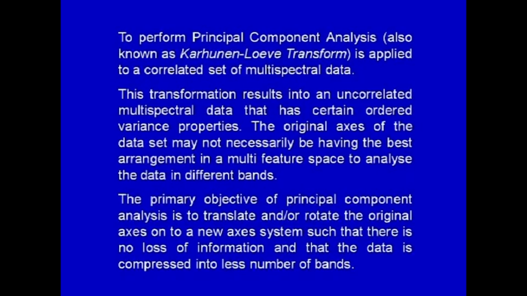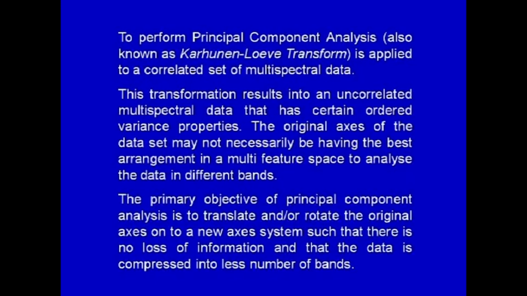Principal component analysis, also known as the Karhunen-Loeve transformation, is applied to a correlated set of multispectral data. This transformation results in an uncorrelated multispectral data that has certain ordered variance properties.